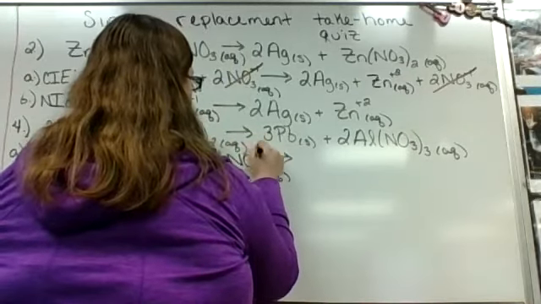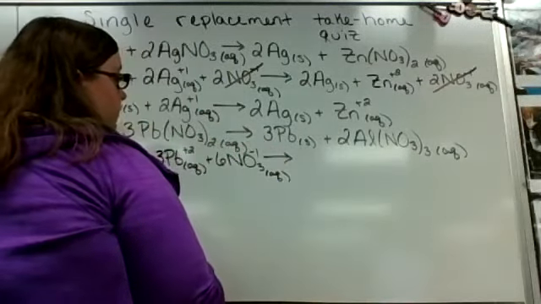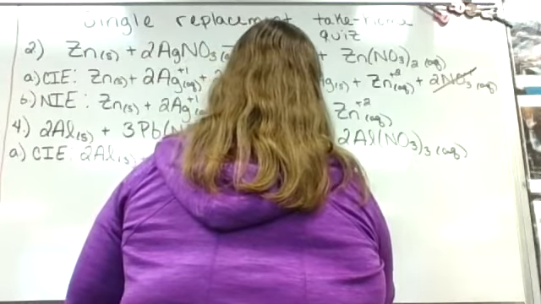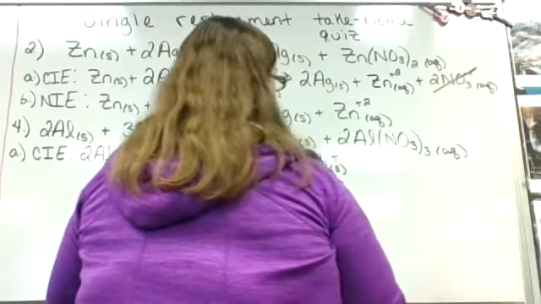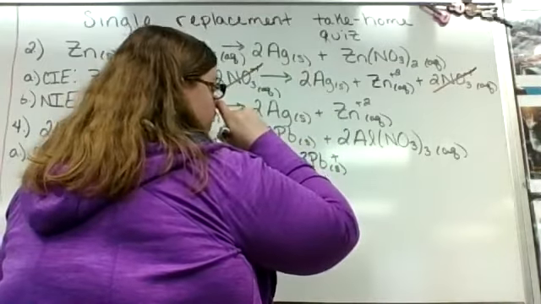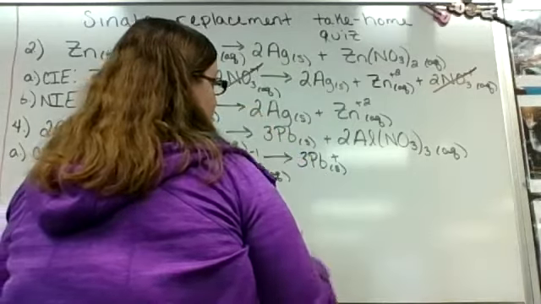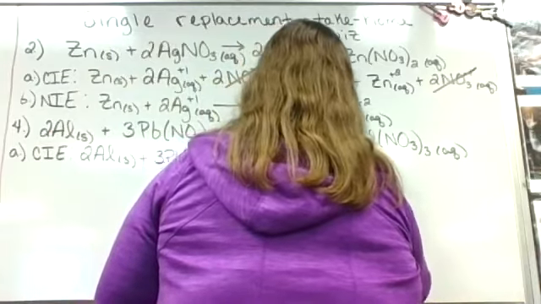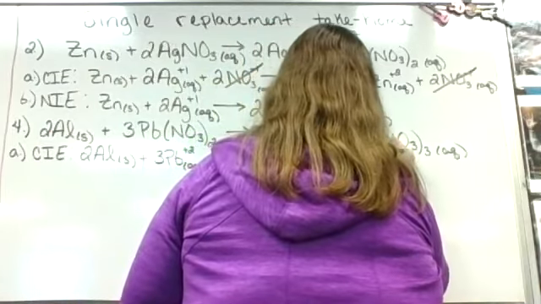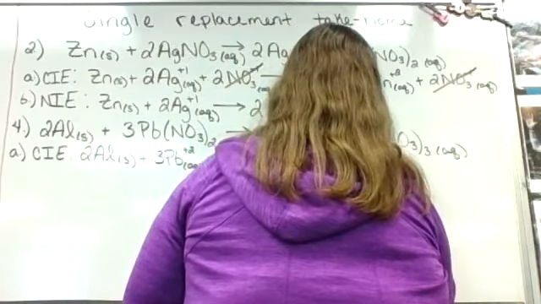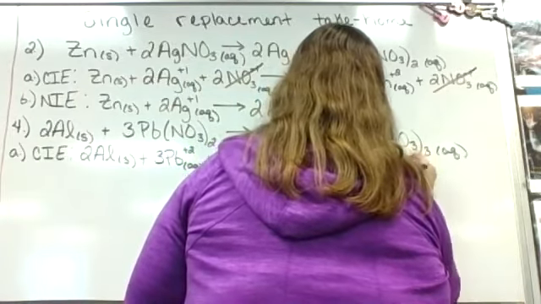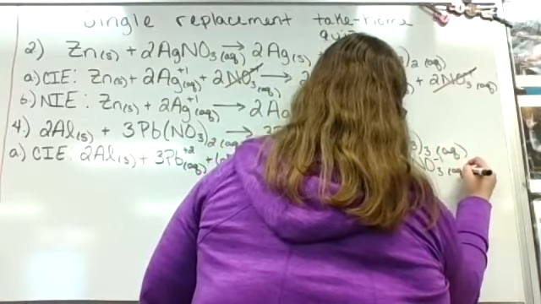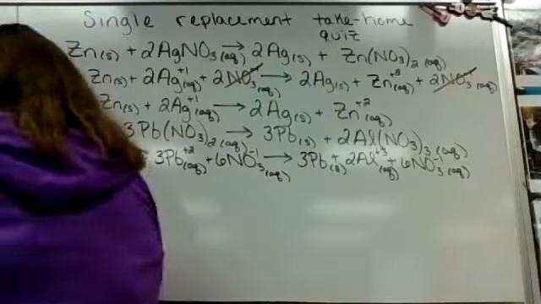What do I do to the 3Pb solid? Leave it the same. So 3Pb solid. And then what do I do to the 2Al(NO3)3 aqueous? Break apart into 2Al with its charge plus 3 aqueous plus what? 6 NO3 minus 1 aqueous. All right, what's my spectator pair?